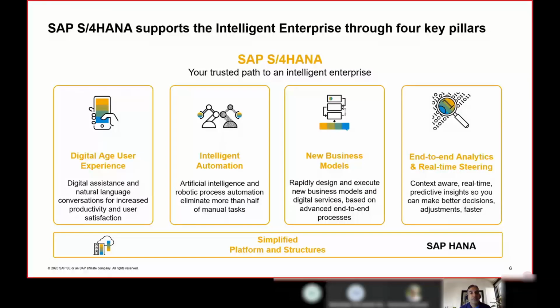Simplifying the experience for them to make these processes more efficient, the user experience also has to change. So what we are also doing with S/4HANA, as you know, is that the digital user experience for the end users has also been enhanced, where we are now using digital assistants or NLP, natural language processing, to allow users to interact with the system and deliver the business scenarios in a more efficient and more productive way.